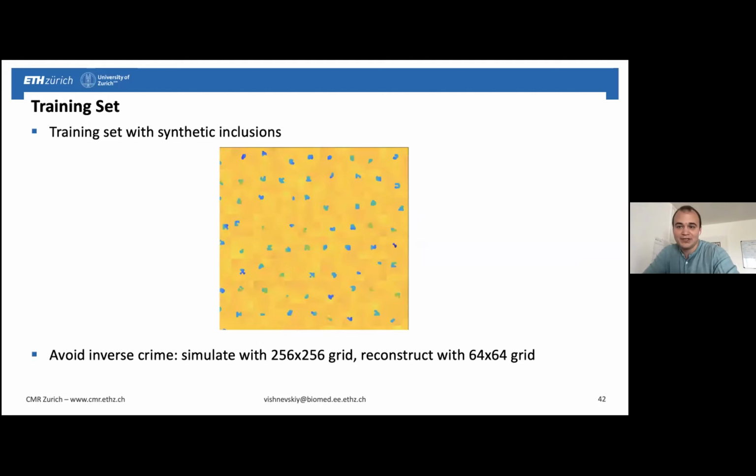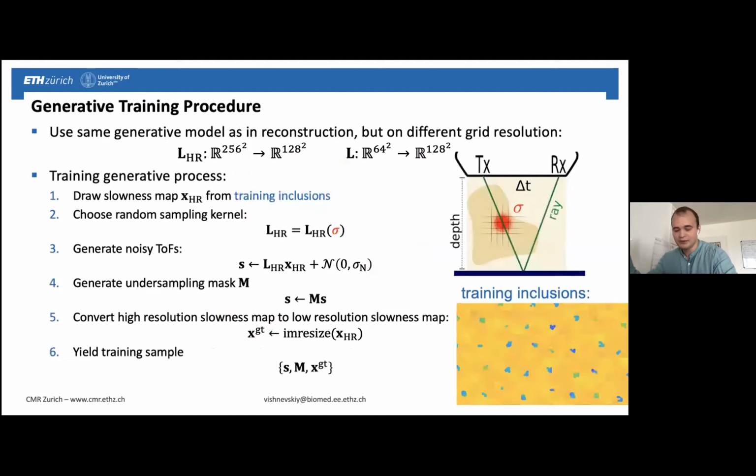So what we did is we simulated a lot of these sort of blobs to simulate the inclusions. And we simulated these delay vectors on a different resolution grid, so as to avoid the inverse crime.